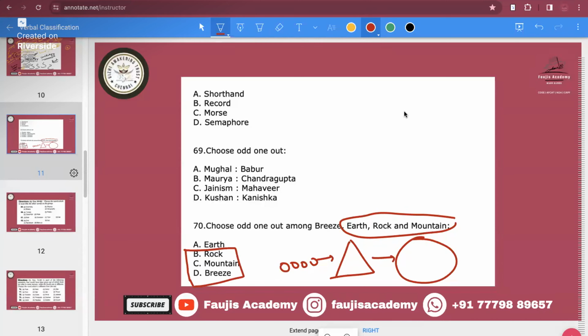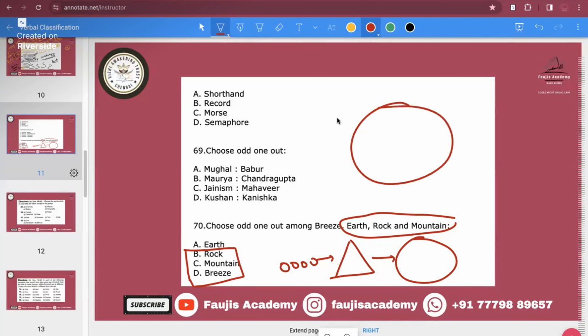By this logic we are going. Earth is a kind of universal set, even though Earth is not a universal set, because you will have stars and moon and also galaxy, Milky Way and whatnot. So if you think okay, this is Earth, this is rock, this is your mountain, and this is your breeze, everything is happening inside the Earth.